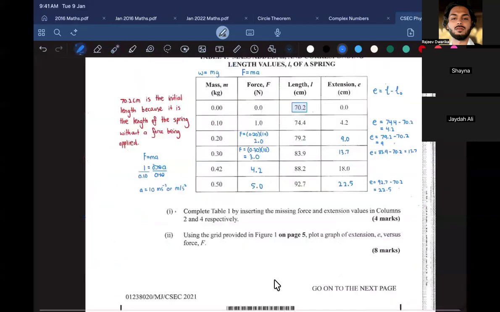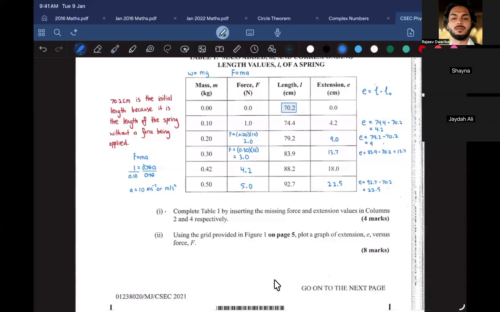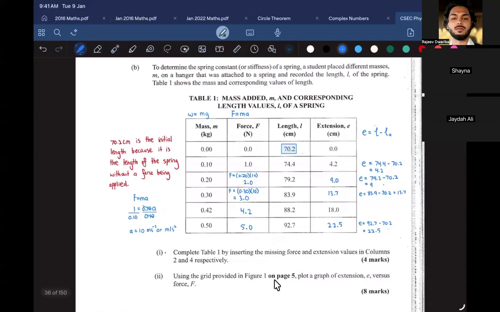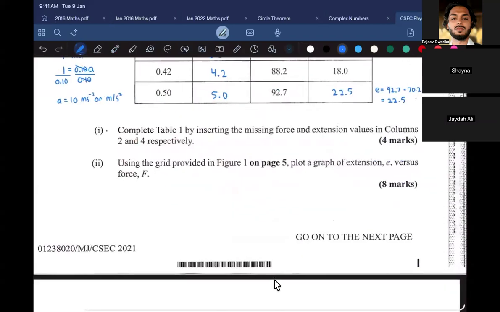Yes, I understand. Nice. Now we want to plot a graph of extension versus force. Whichever one comes first is going to be on the y-axis, and whichever one comes second is going to be on the x-axis. So which one did they mention first? They said plot a graph of what first?